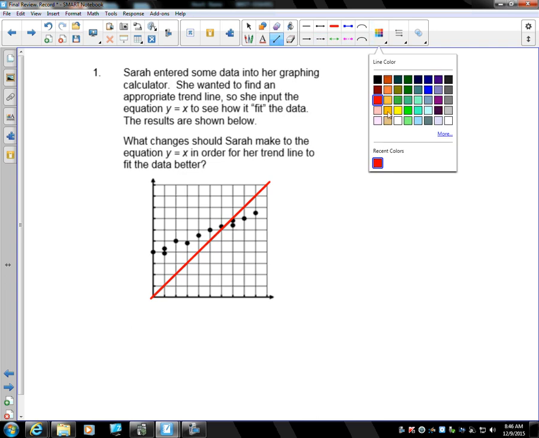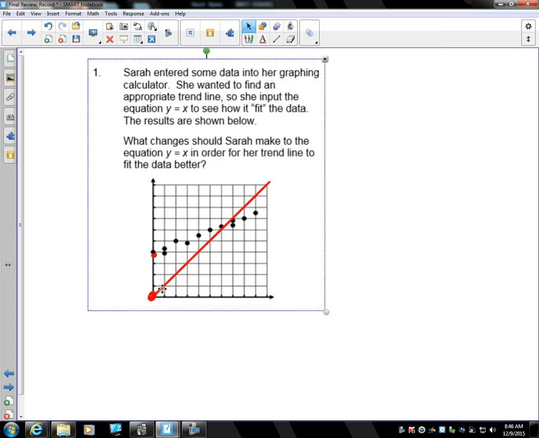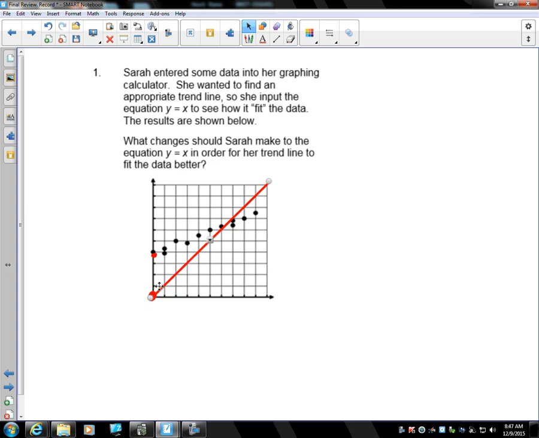The first thing I notice is that while my trend line is at a y-intercept of 0, my data is up here with about a y-intercept of 4. So the first thing I need to do is take my trend line and move it up to the y-intercept of 4.